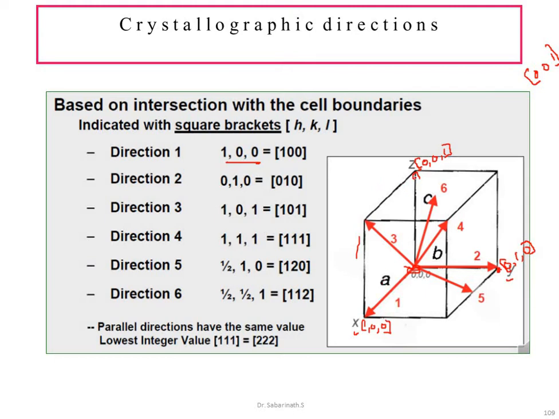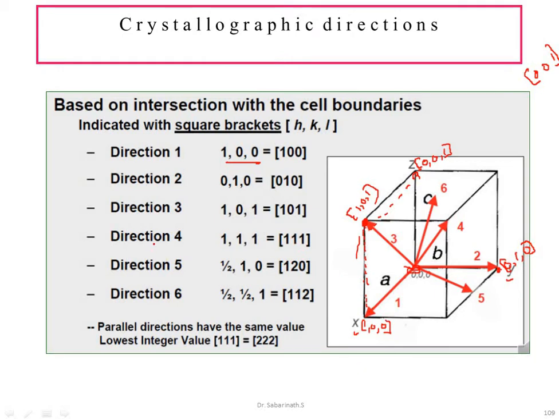What I am doing here is moving these points so that the intersection point, this point, will have the value 1 0 1. That intersection point we need to consider.